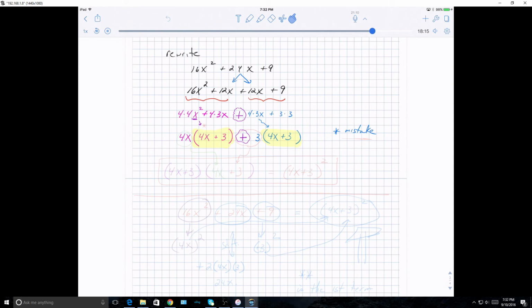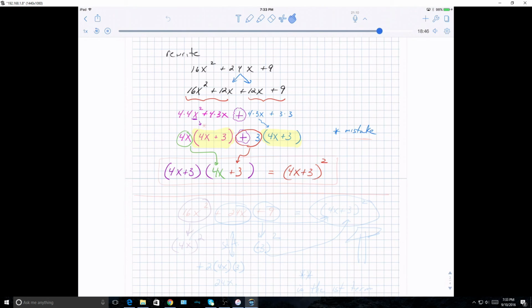And that means we can pull that out. So that would be 4x plus 3 times something that's left over. And now we just have to see what's left over. It's the 4x and the positive 3. So it looks like this is 4x plus 3 squared.